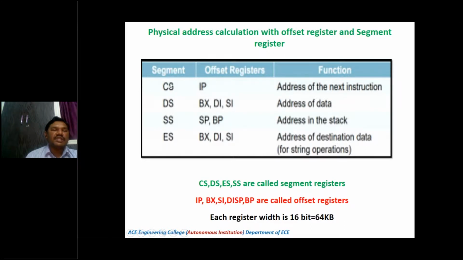The segment registers are code segment, data segment, stack segment, and extra segment. The offset is given by the instruction pointer, base register, source index, destination index, stack pointer, and base pointer. These are called segment registers and offset registers, used to form the physical address of the memory.